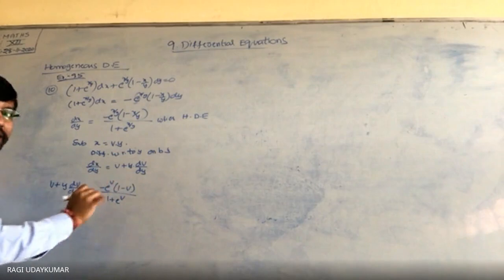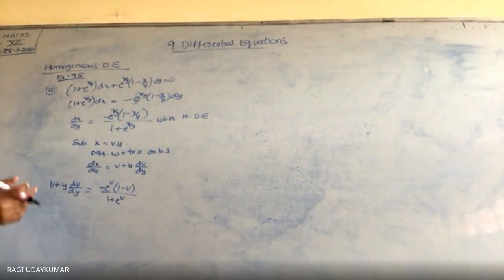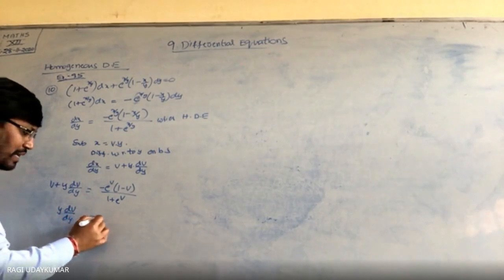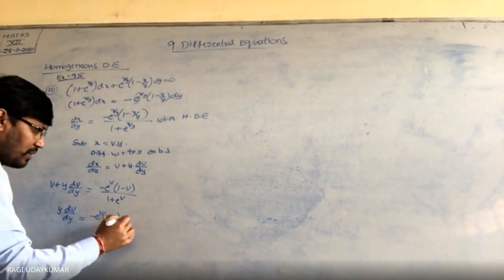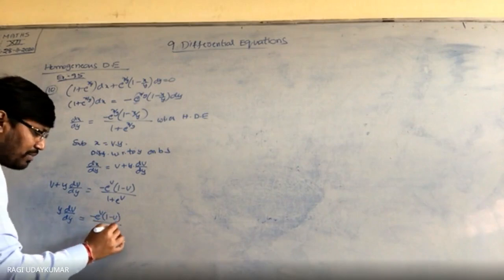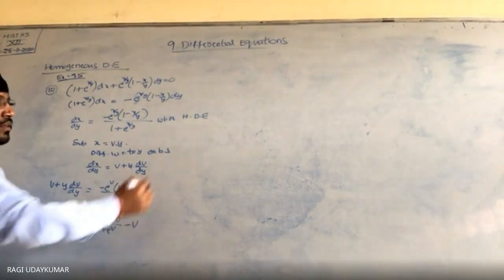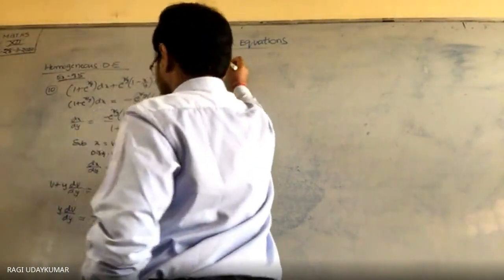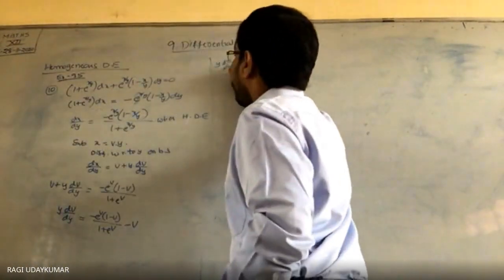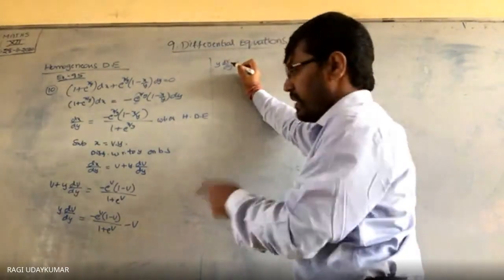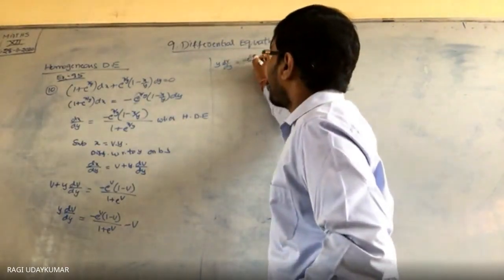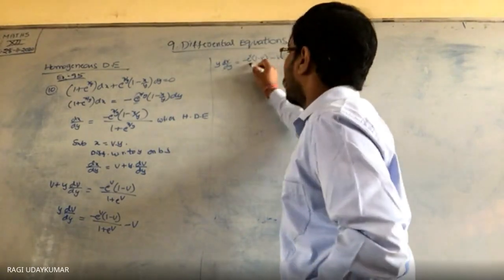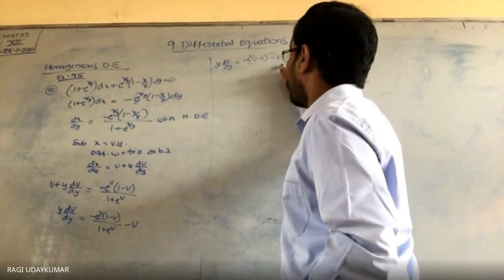Now v to the right side. The problem is the same as before. y dv by dy is equals to minus e power v into 1 minus v by 1 plus e power v, minus v. Now simplify: y dv by dy is equals to minus e power v into 1 minus v minus v into 1 plus e power v, divided by 1 plus e power v.